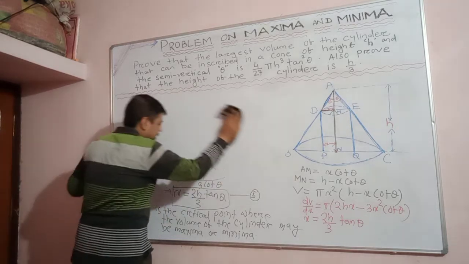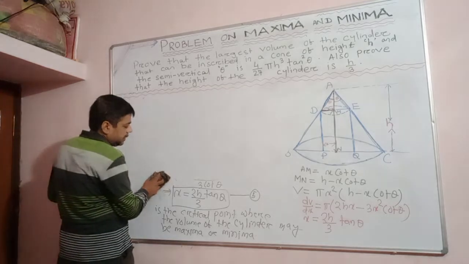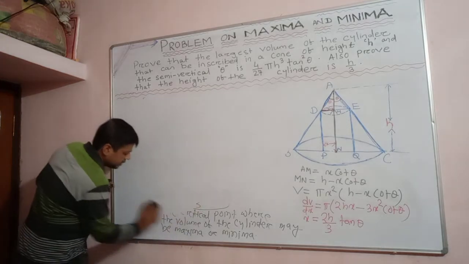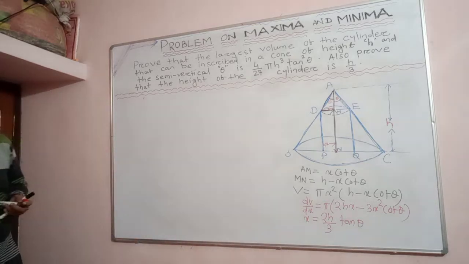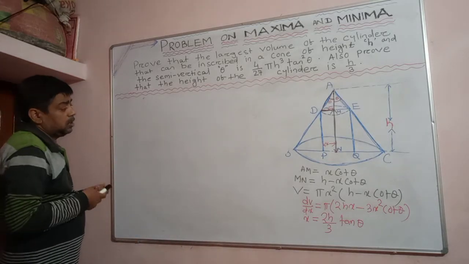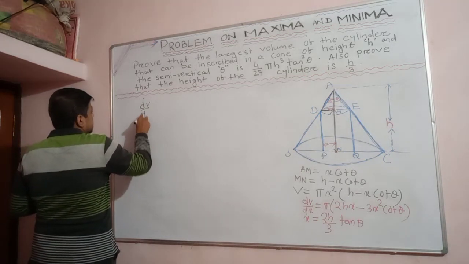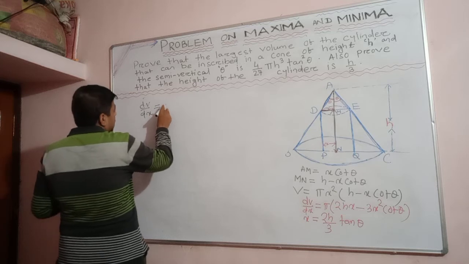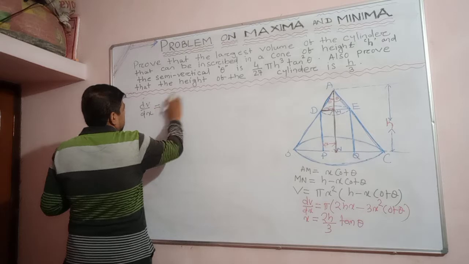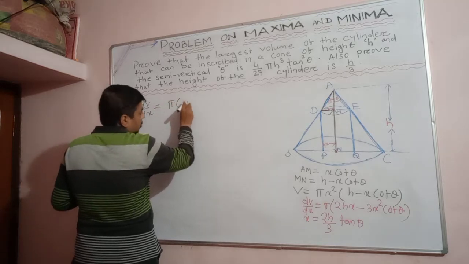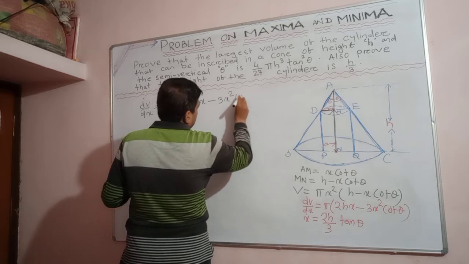Let us find out the second order derivative. Right? Second order derivative. Now let's see, what is the first order derivative? We got dV by dx is equal to pi x square, this is pi, 2hx minus 3x square cot theta.